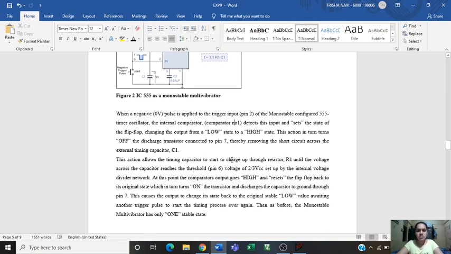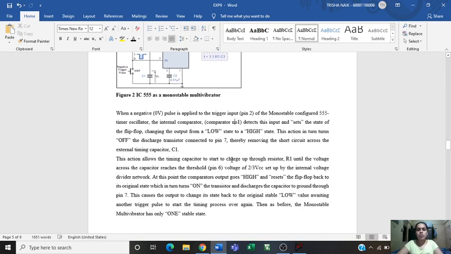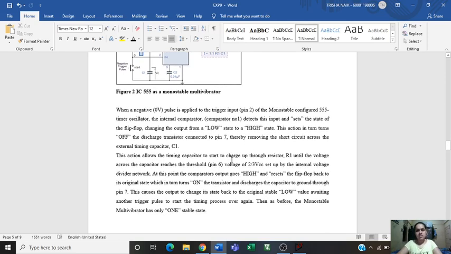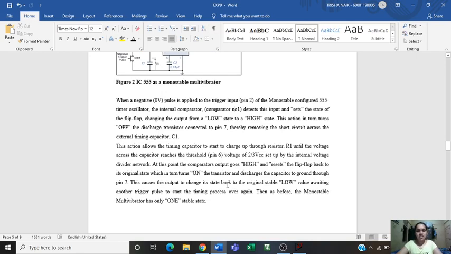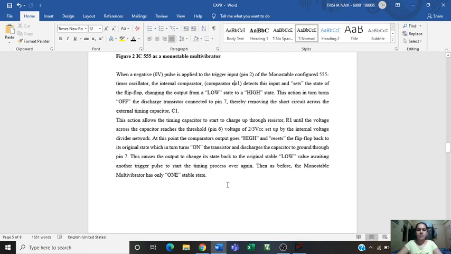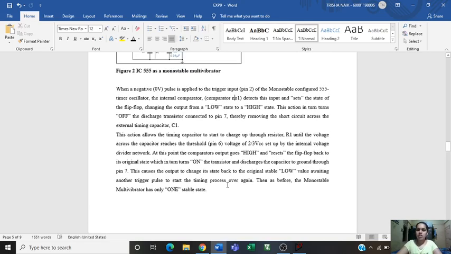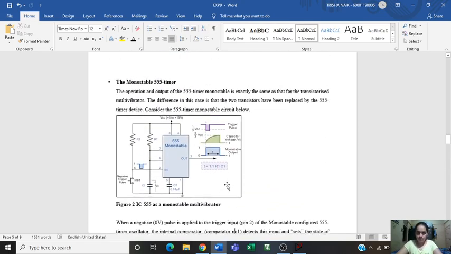When the voltage reaches 2/3 VCC, the comparator output becomes high, the flip-flop is reset, the transistor turns on, the capacitor discharges, and the output state goes from high to low. Therefore, as you can see, the monostable multivibrator has only one stable state.